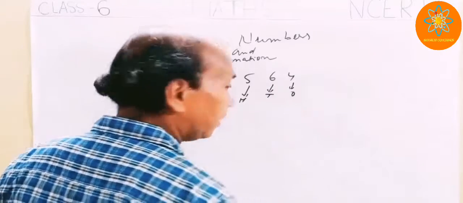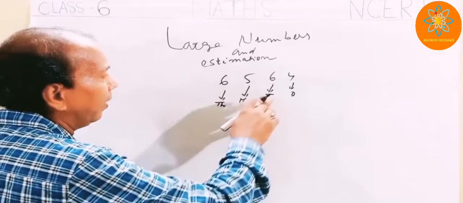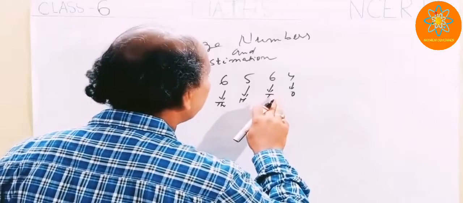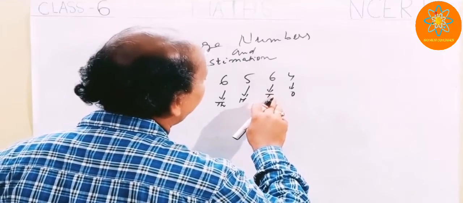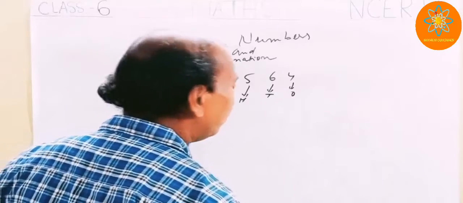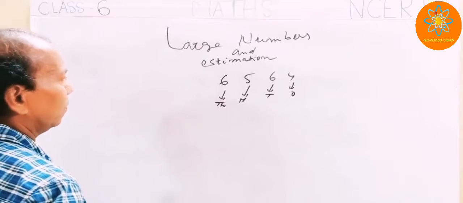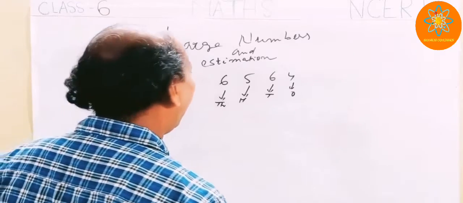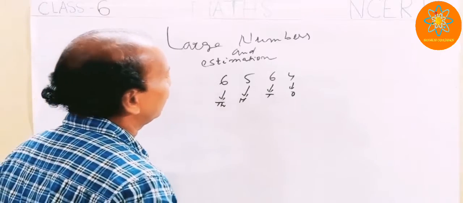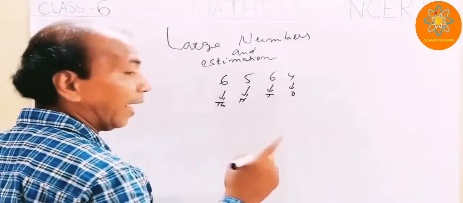Otherwise it will stay the same, and the number just previous to that place will be changed into 0.